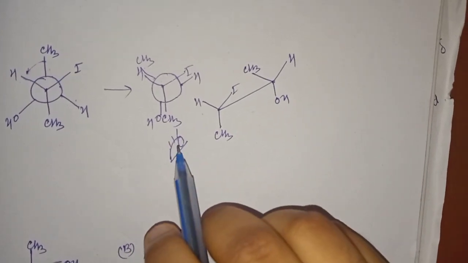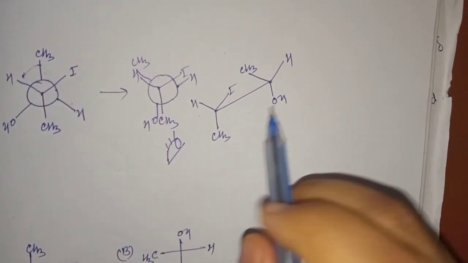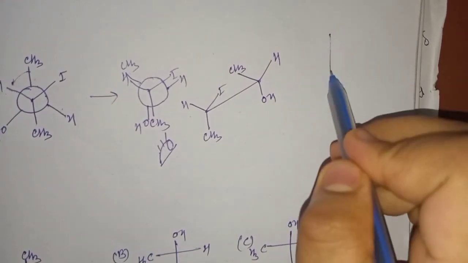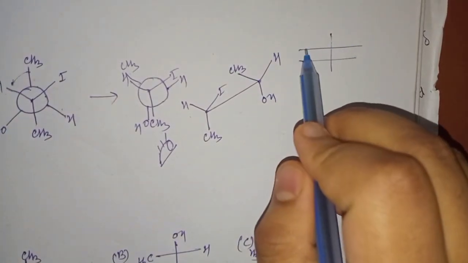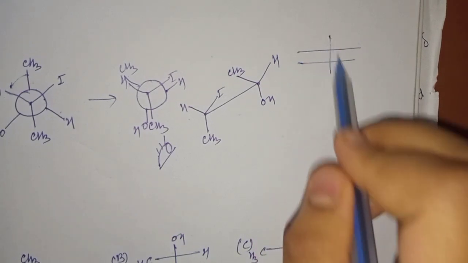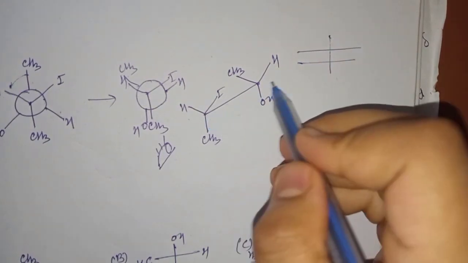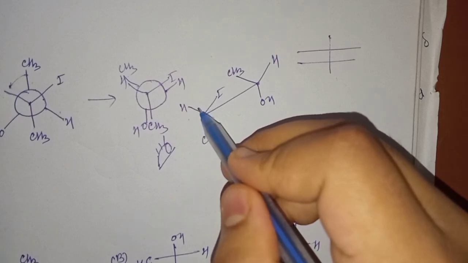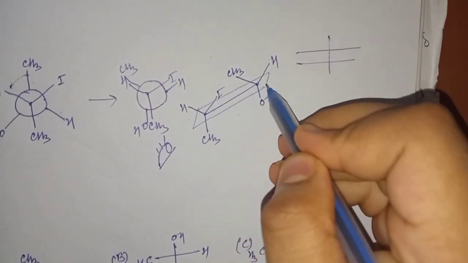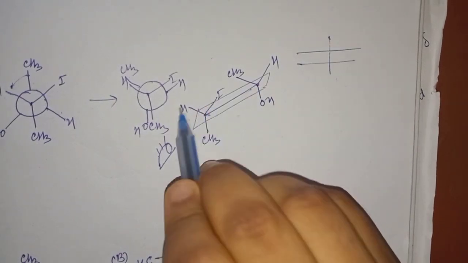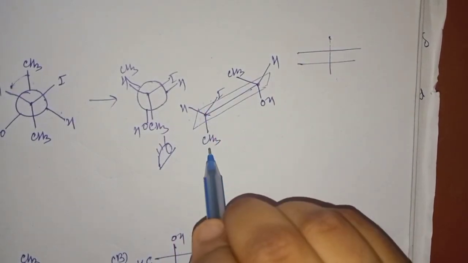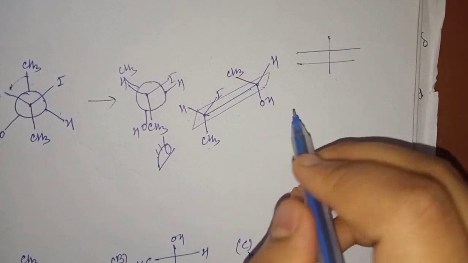Now we will draw the Fischer projection formula. For that, we know that in a Fischer projection formula, the atoms that are in the horizontal line are above the plane and the atoms that are in the vertical line are below the plane. In this sawhorse projection formula, you can clearly see that if we consider a plane like this, passing through these carbon atoms, these two groups will be above this plane and this group will be below this plane.